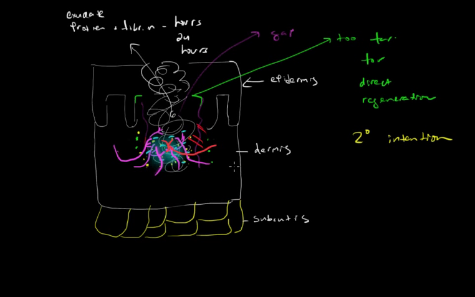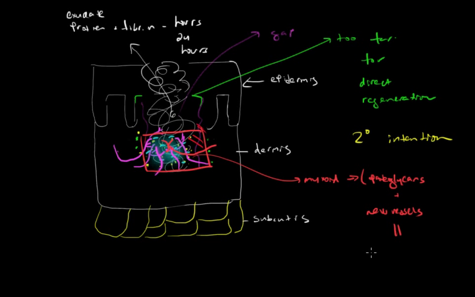But this substance here, which is your myxoid material laid down by the young fibroblasts, which are your proteoglycans, plus your new vessels, what that equals is granulation tissue.